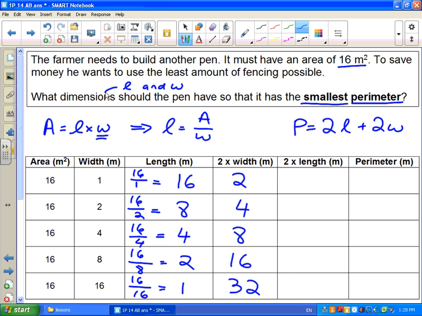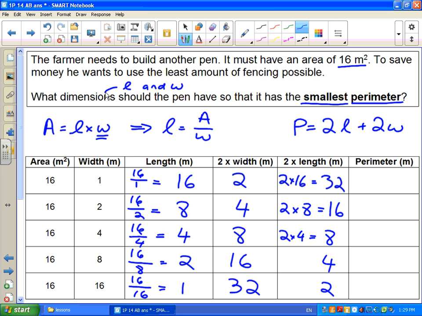And in this column, we're going to have 2 times our length. So 2 times 16 is 32. 2 times our next length, 8, is going to give us 16. 2 times 4 is going to give us 8, and so on. So 2 times 2 will be 4, and then 2 times 1 will be 2.